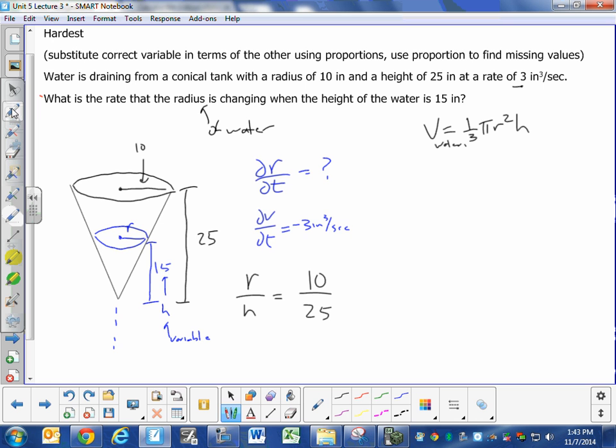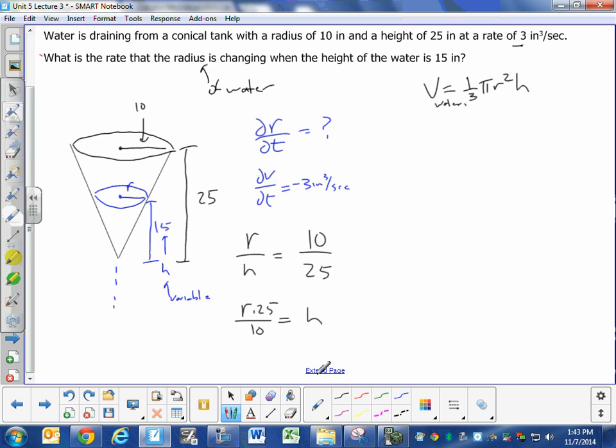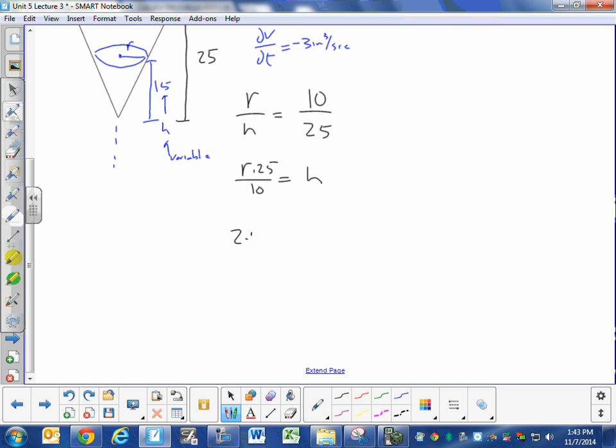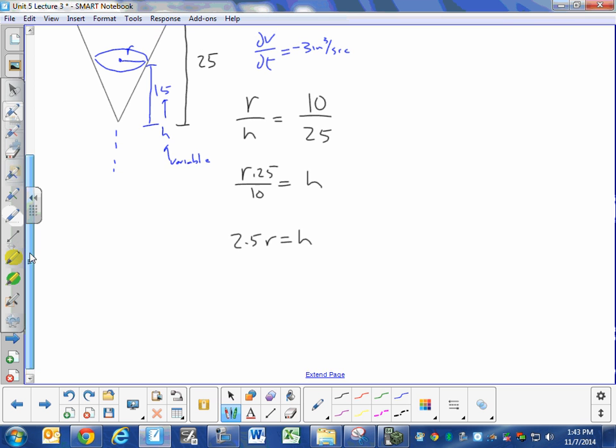So what I'm going to do is solve for h so that I can plug in r's instead of h. So I get r times 25 divided by 10 is equal to h, or 2.5 r is equal to h.